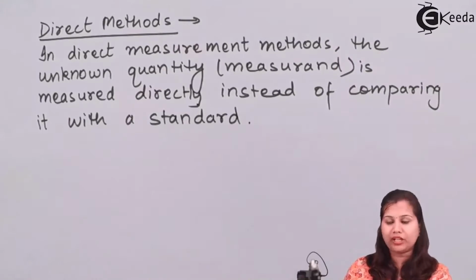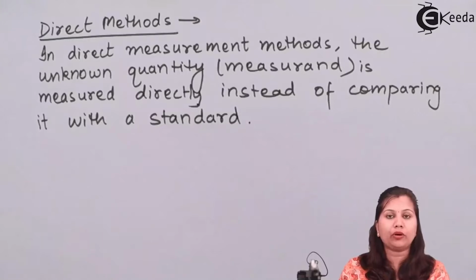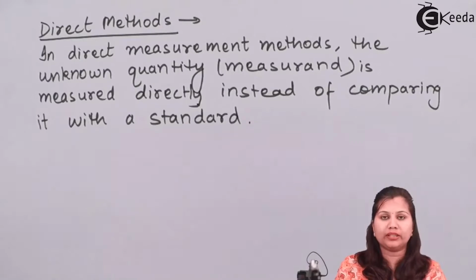Examples of direct methods are measurement of current using the ammeter, measurement of voltage using the voltmeter, measurement of resistance using the ohm meter, and measurement of power using the wattmeter.